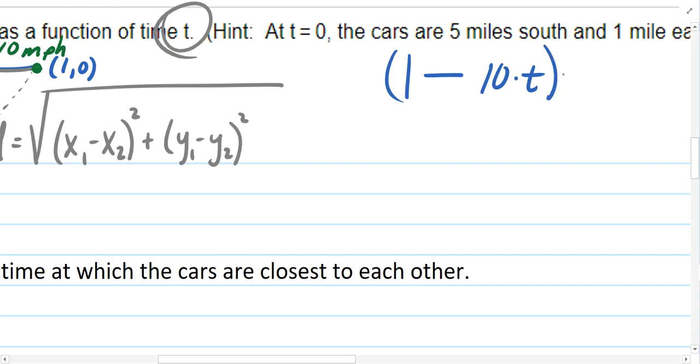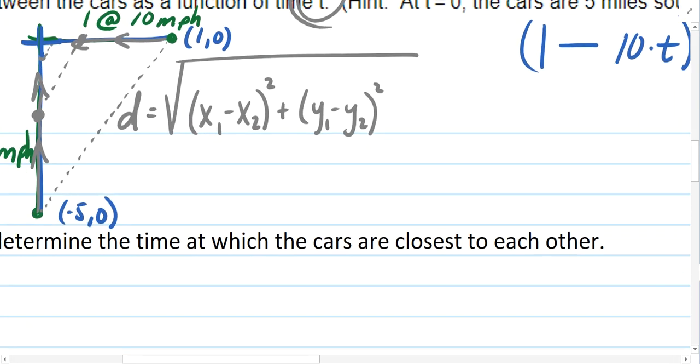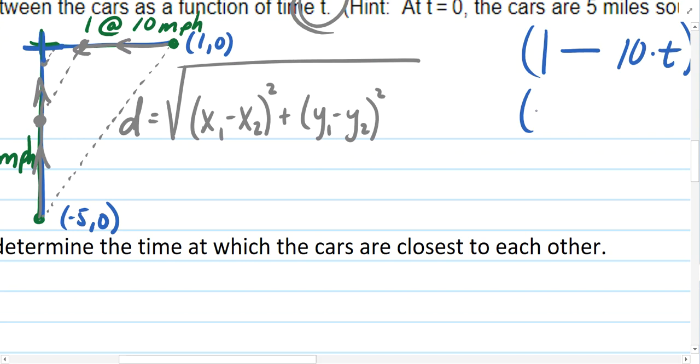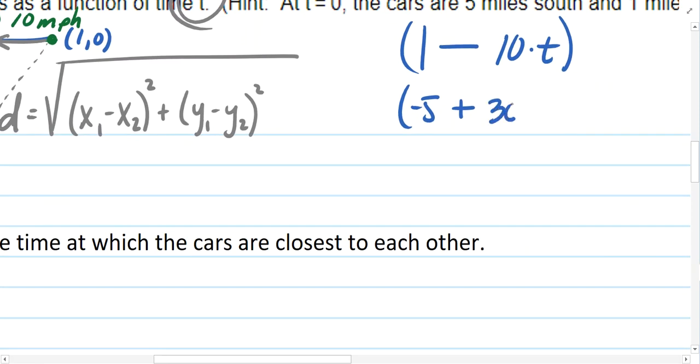So I'm going to use that rule for our horizontal component of this triangle. And similarly, we have the other car who started at -5 units because they were 5 units below the origin. And their position is moving upward. We're increasing the position on this y-axis, if you will, at a rate of 30 miles per hour.